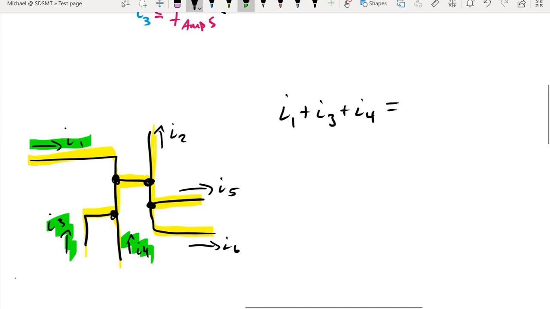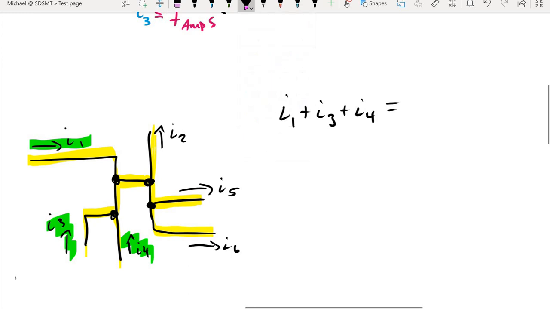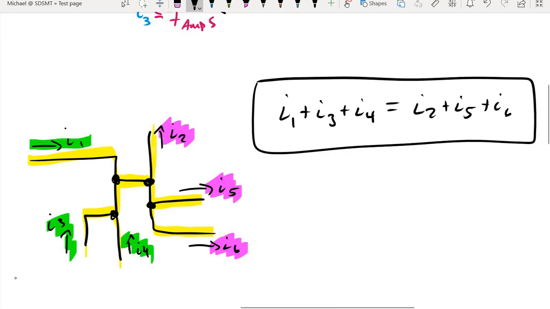And that has to equal the current that is leaving the circuit. So I2 is leaving the circuit, I5 and I6 are leaving the circuit. And this would be our conservation of current expression for that diagram.